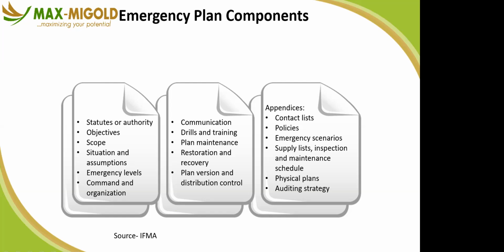Then the objective, the scope of the plan, situations and assumptions, just like what we listed the other time. It could be water scarcity, electrical blackout, flooding, armed robbery, kidnapping, building collapse, depending on what you do. It could even be sudden fatality, it could be anything. So we need to list these out, and the assumptions.